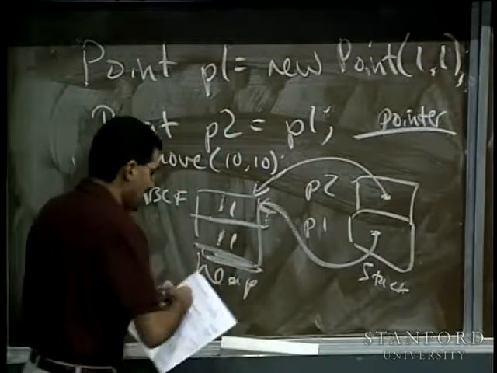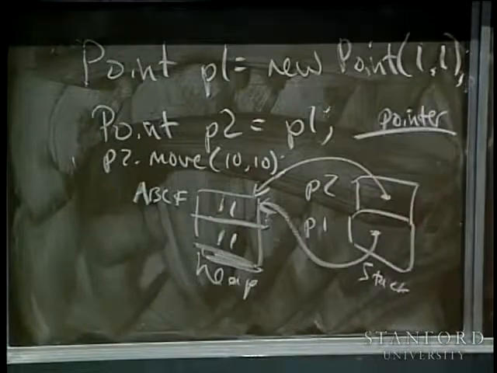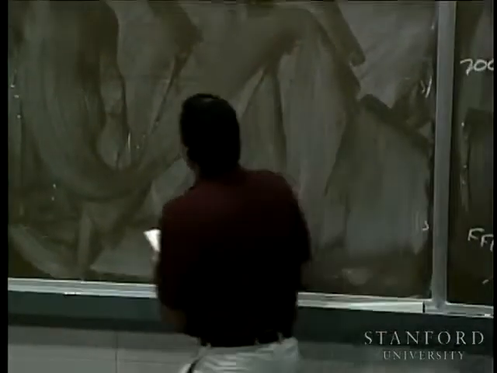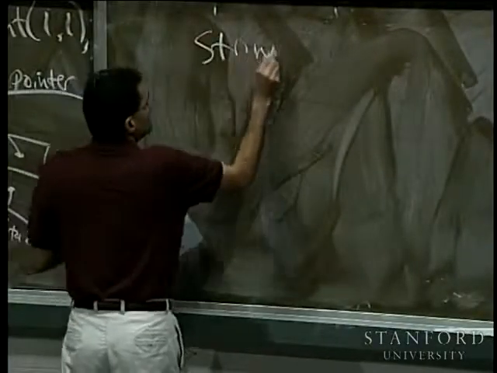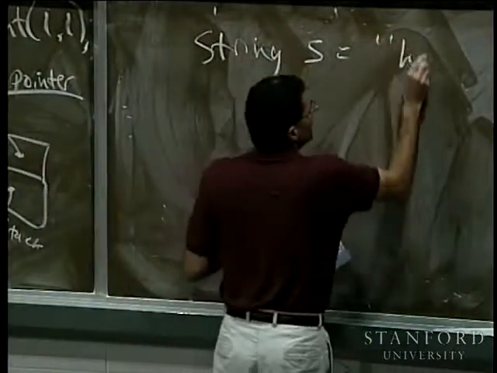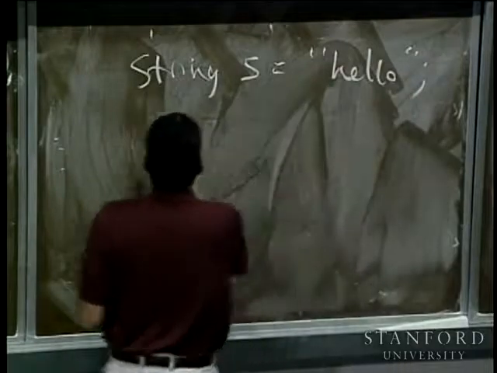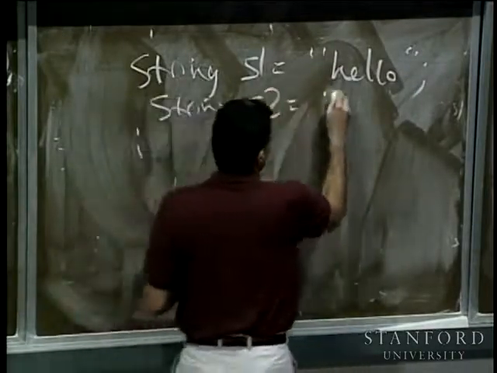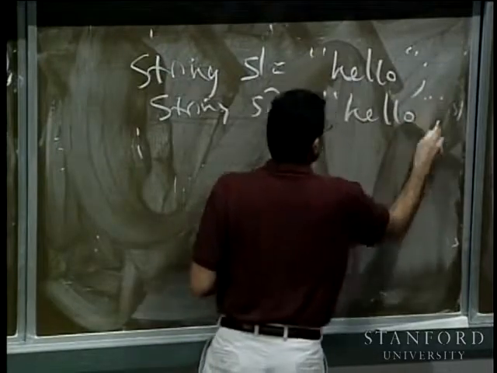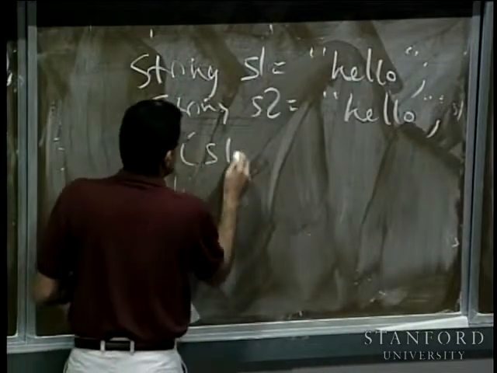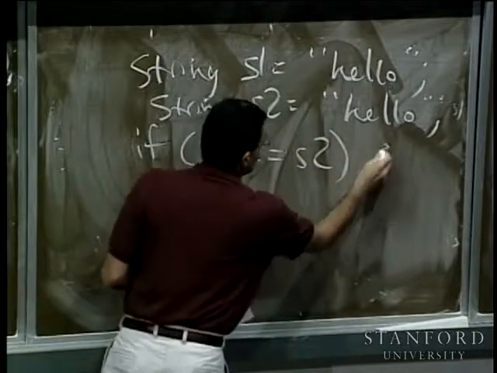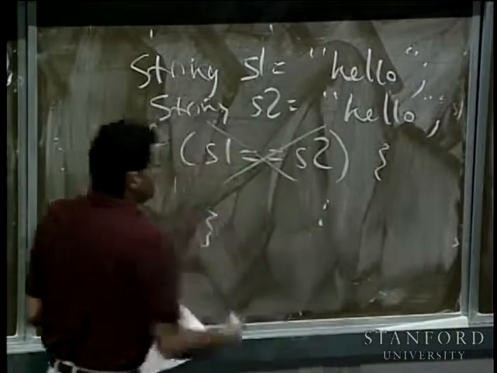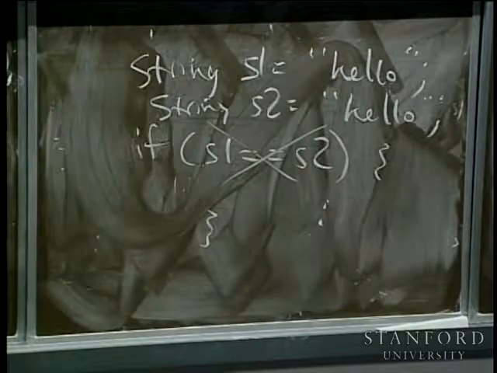Which is why, in the days of yore, when we talked about our friend the string, remember the string, we said if you had some string s1 equal to "hello" and some other string s2 that was also equal to "hello", and I might want to say if s1 is equal to s2, I told you this doesn't work because you need to call s1.equals(s2).